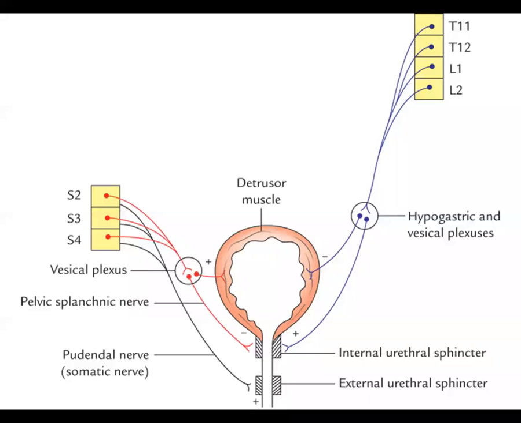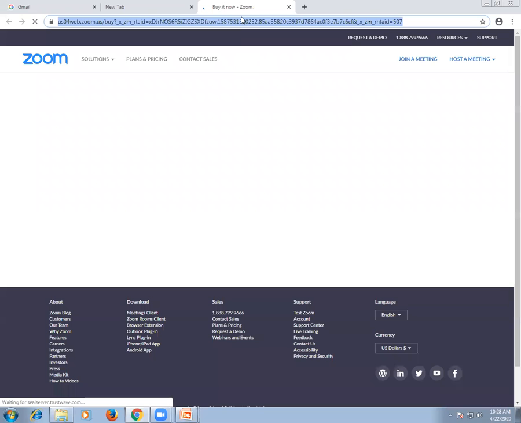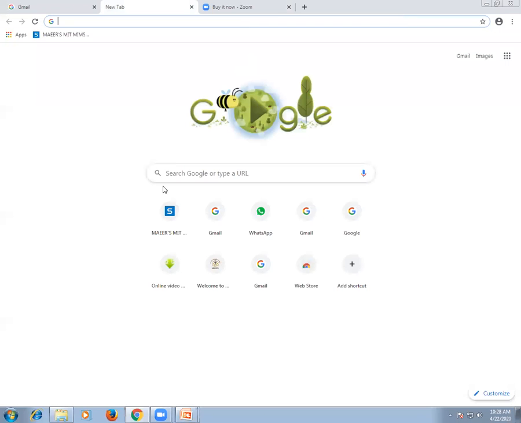I will once again repeat this because it is very important. The parasympathetic brings about micturition.